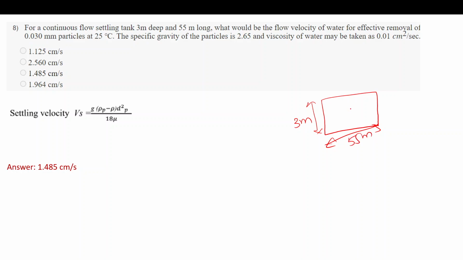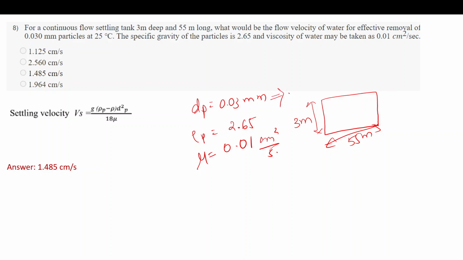Now, what could be the flow velocity of water for effective removal of 0.03 mm particles? So here the particle diameter given to you is 0.03 mm. Specific gravity of particle, rho p, is given as 2.65, and viscosity mu is given as 0.01 centimeter square per second. Now if you look into the options, it is in centimeter per second, so let's convert everything into centimeters.